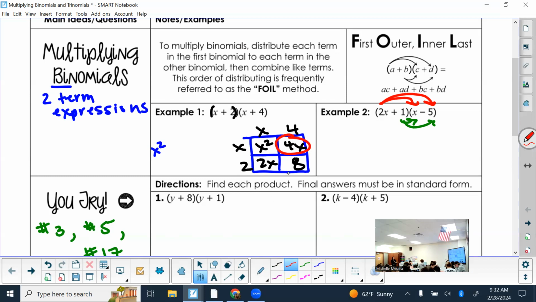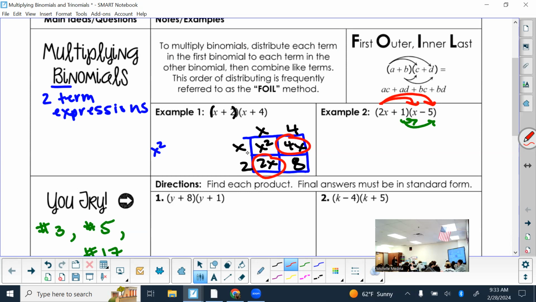Yeah. What is its like term? The 2x. So that's what it means, like terms would have to be the same exact variable to the same exact exponent. These are both x to the first power. So you can combine them. Can't combine it with the x squared because it doesn't have the same exponent.